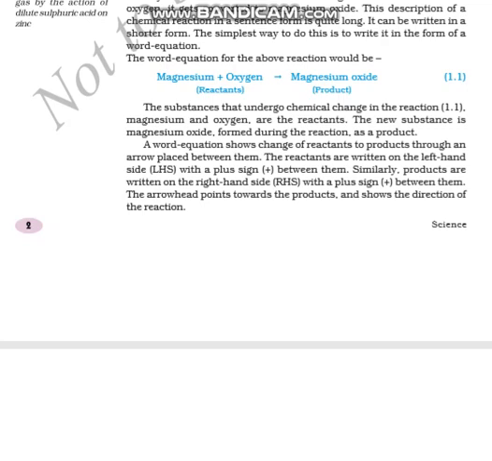After completing the reaction, the product we get is written on the right hand side.